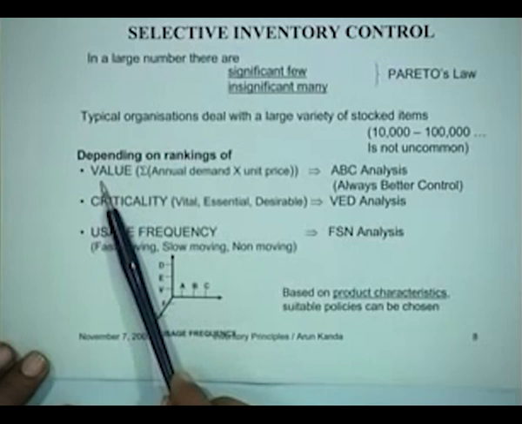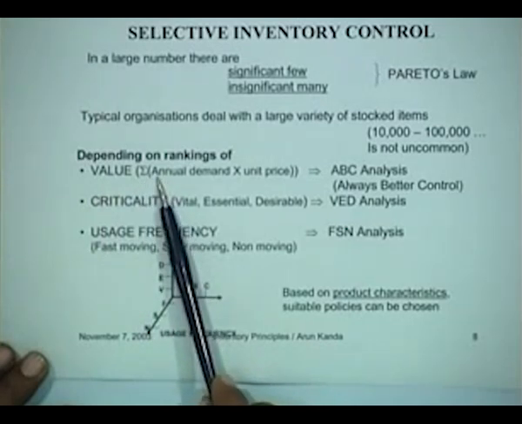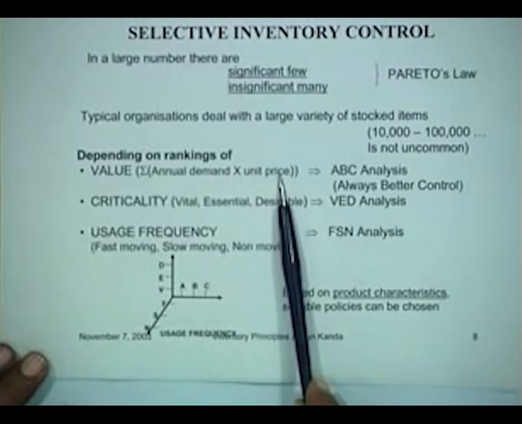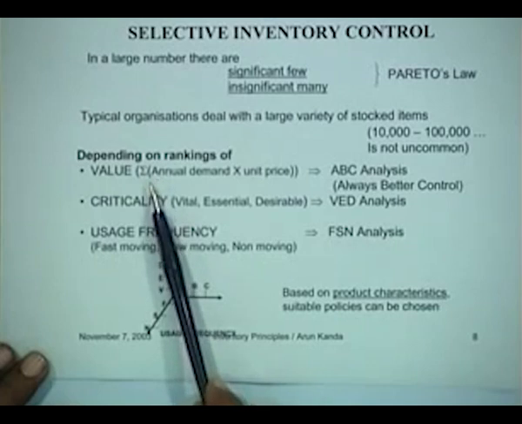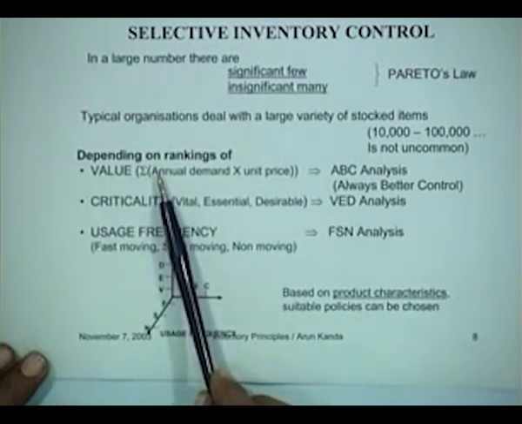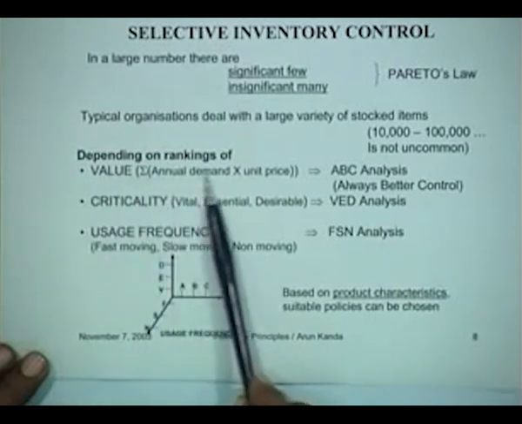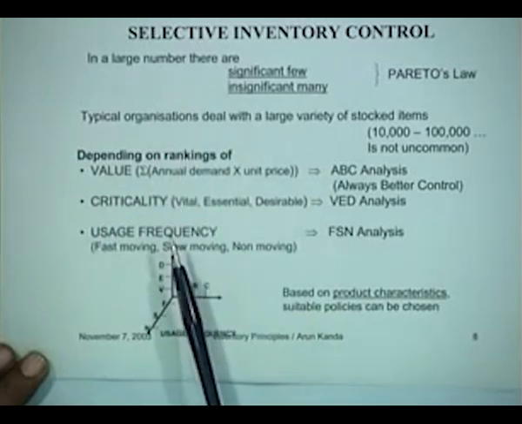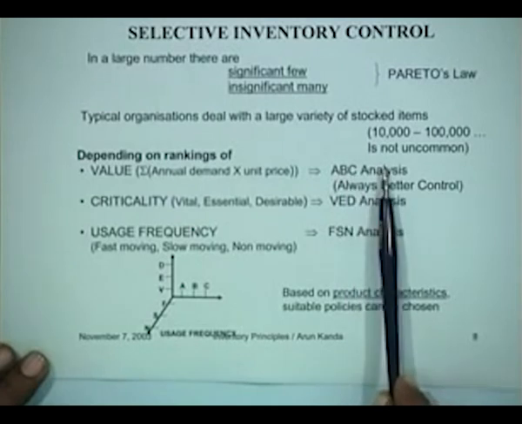When we talk about classification of inventory on the basis of value, we actually say that for each item we calculate the annual demand, we multiply it with the unit price, and then we put these items in the descending order of their value. Value is the annual demand and the unit price, and take the cumulative value in that sense. So what would always happen is that this results in what is called ABC analysis.